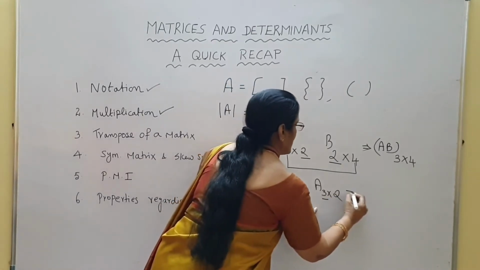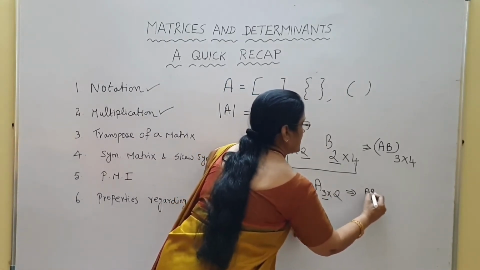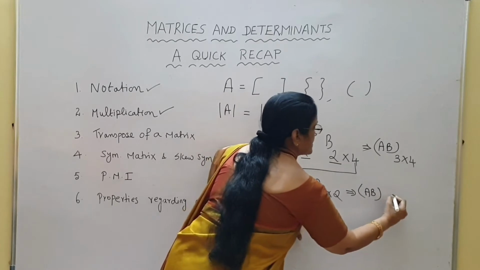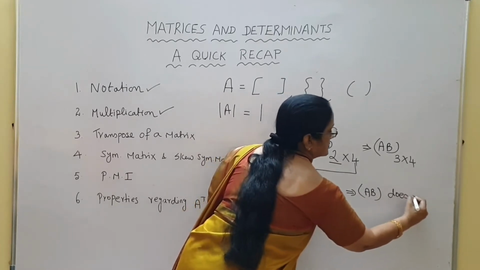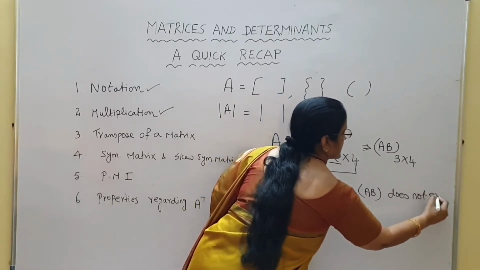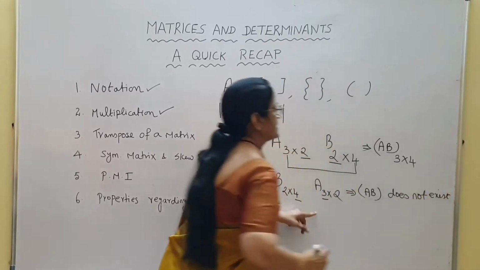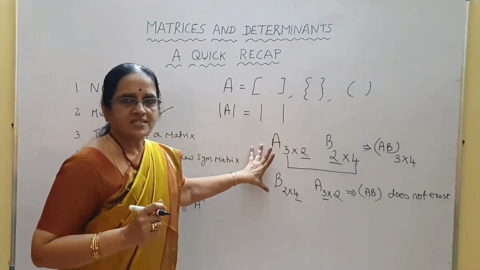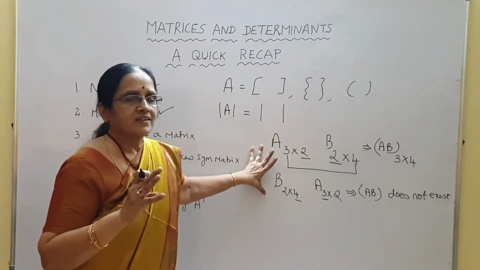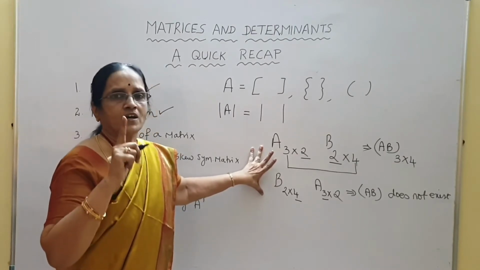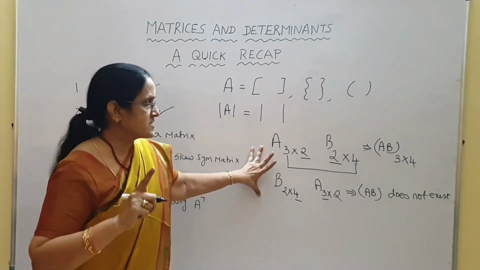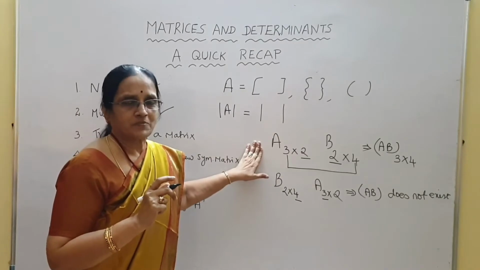So, the product BA does not exist. This concept is very important because very often they ask a question for 1 mark based on this particular concept.